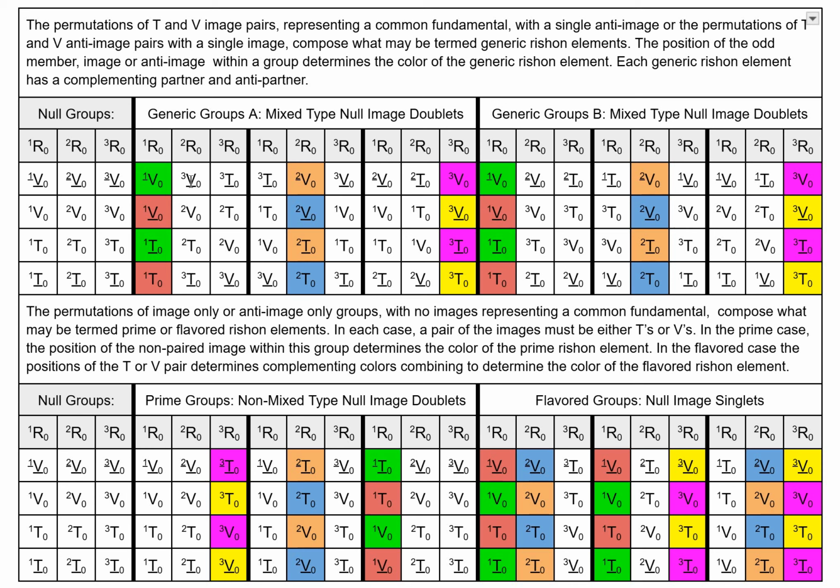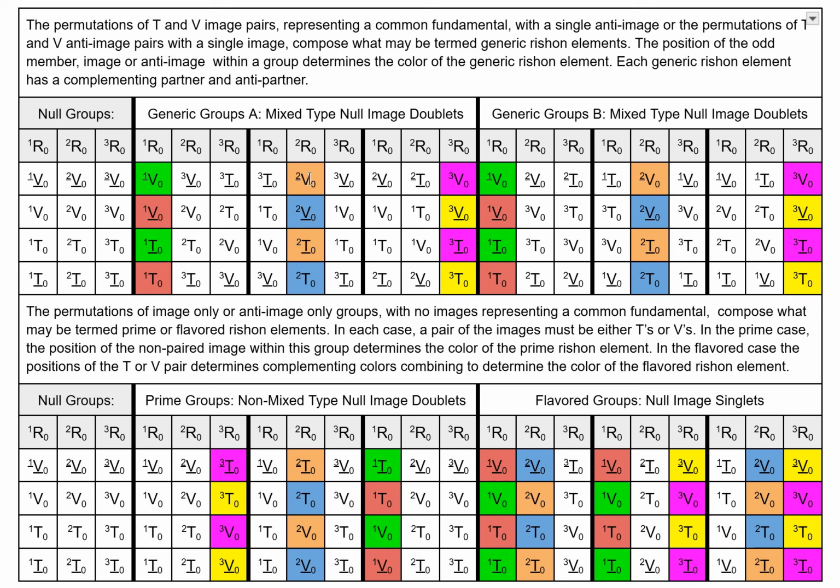And up here we have an anti-image pair with an image. Green determines the color of that group. And we can see here that the position is actually to the left.